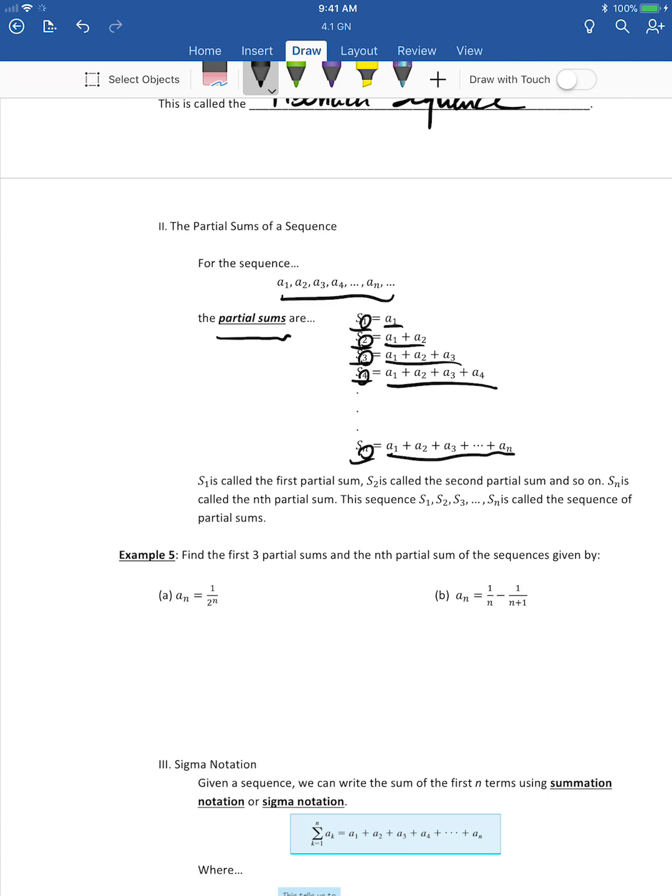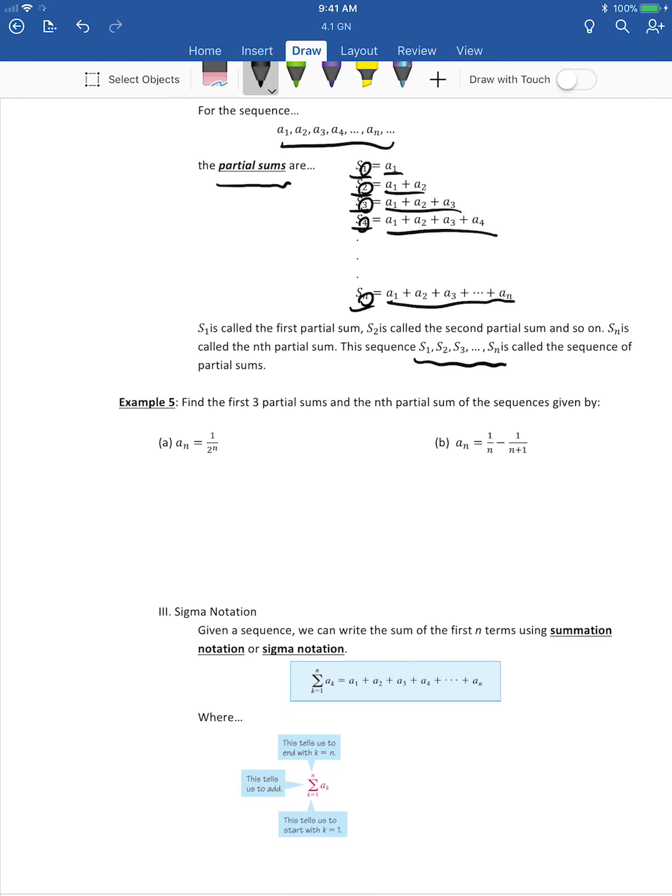So S1 is called the first partial sum, S2 is called the second partial sum, and so on. So Sn is called the nth partial sum. And then if we write these partial sums in a sequence, we call that the sequence of partial sums.